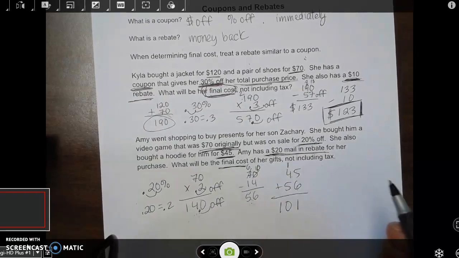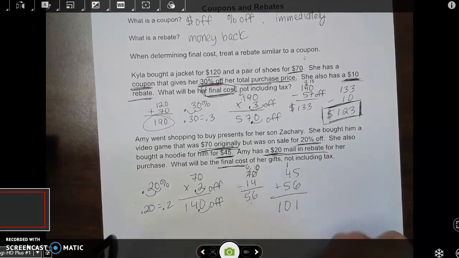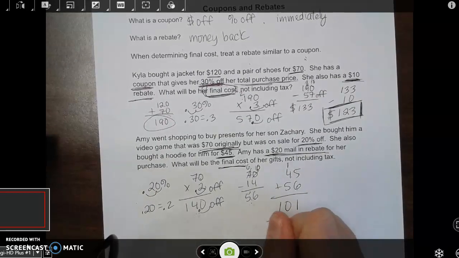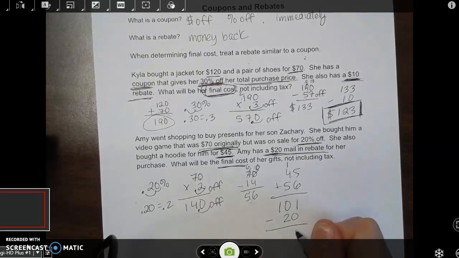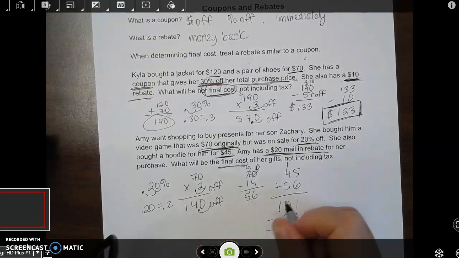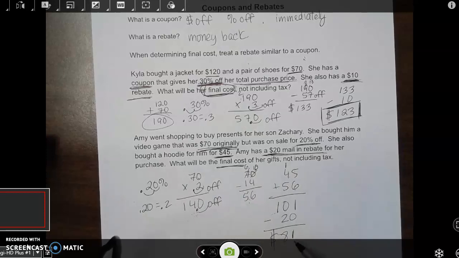And this rebate is $20 off. So that means, remember, I treat it like a coupon. So minus 20. And then I think of this as like 10 minus 2, which is 8. So our final price for our video game and the hoodie is going to be $81.